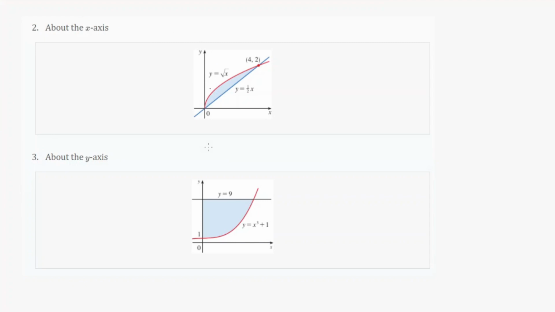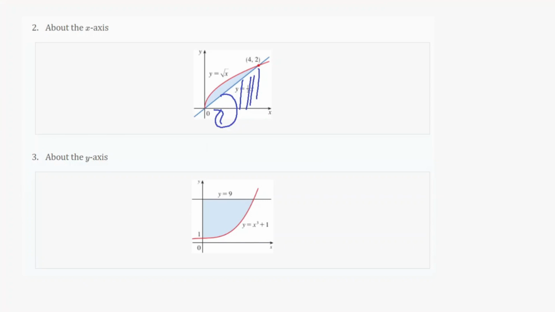So we have this graph right here rotated about the x-axis, so it's going to go around this way. Now we're not looking at what we've looked at already. The area under this is blank, which is not going to be rotated, but this shaded-in area is going to be rotated.